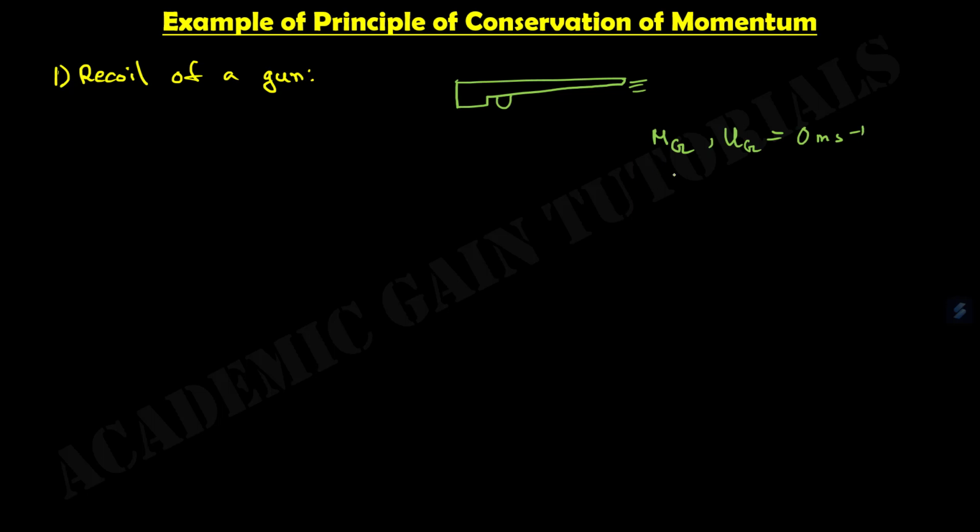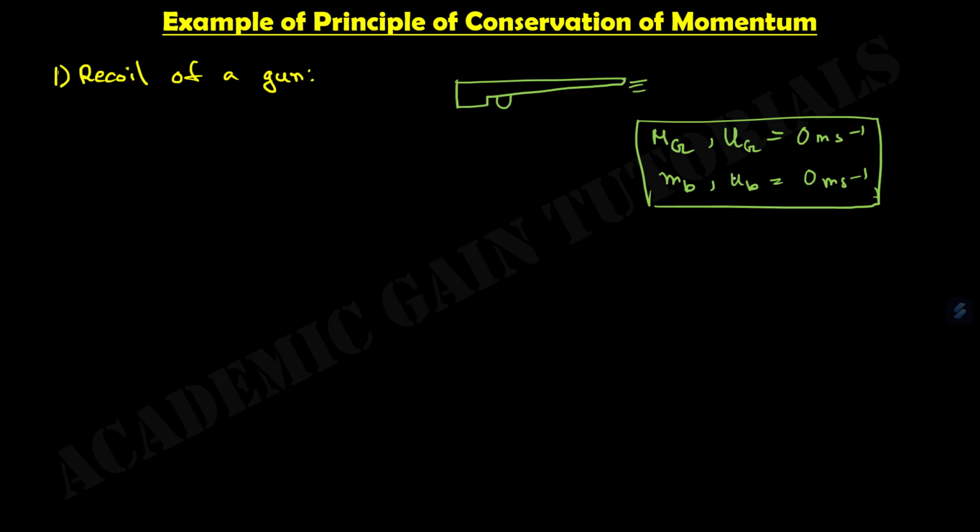And suppose the mass of the bullet is m of b and the initial velocity of the bullet is u of b, and when we don't shoot any bullet, the initial velocity of the bullet will be 0 meters per second. This is the representation of the gun and the initial velocities before firing a bullet.